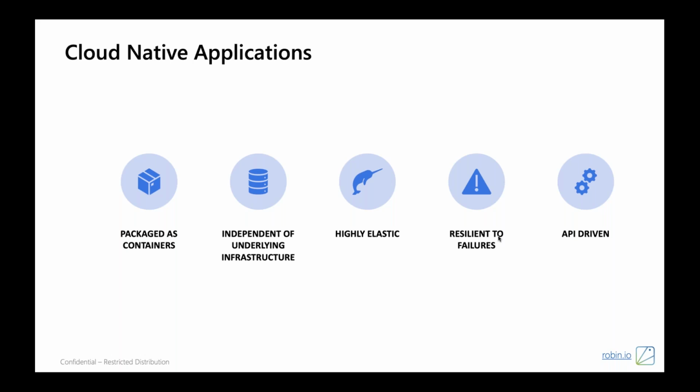These cloud native applications also need storage. Cloud native applications also include databases, message queues, and your big data applications. So it becomes important that they have similar characteristics as their stateless counterparts. When you say it should be independent of underlying infrastructure, these applications require some kind of media, say hard disk, SSD, or NVMe.